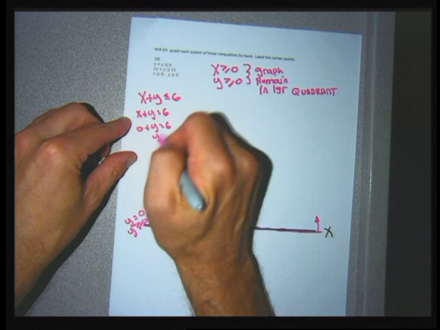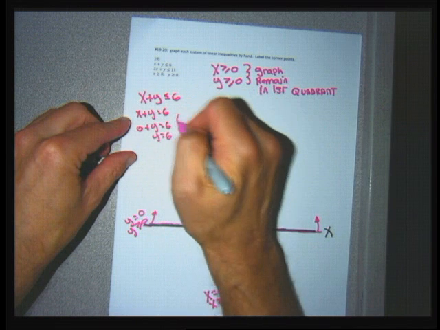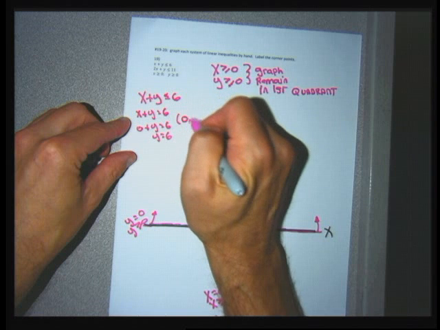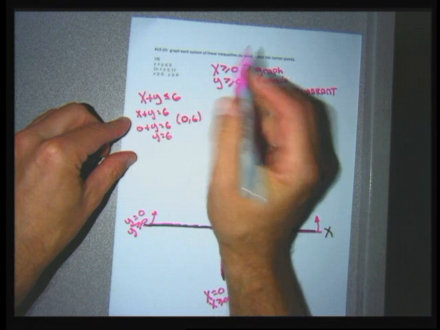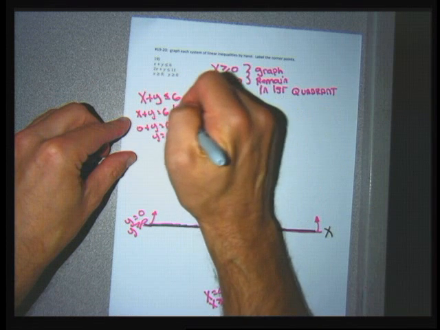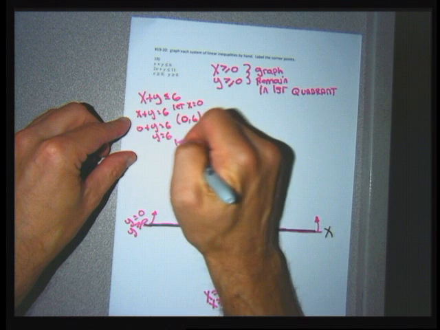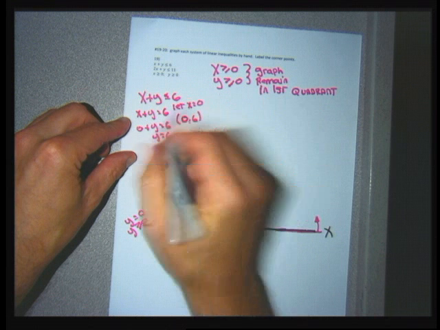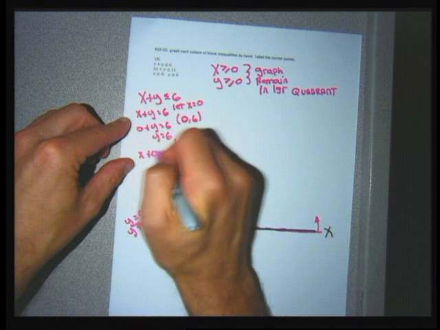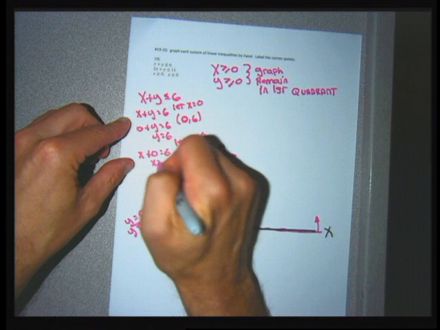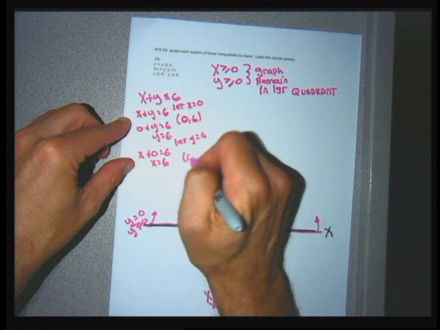That gives me y equal to 6. That's going to give me the y-intercept of 0, 6. So here I did let x equal 0. And now I'm going to let y equal 0 and get x plus 0 equal to 6. That gives me x equal to 6, and that's the point 6, 0.